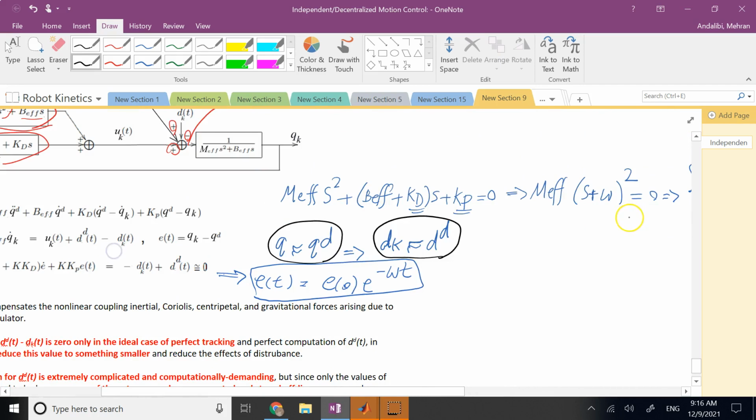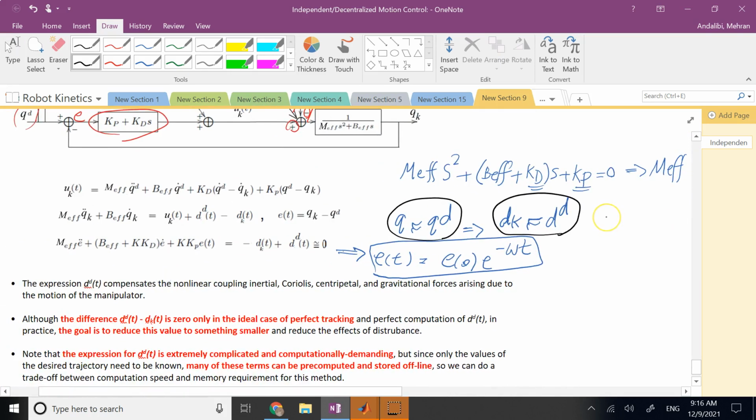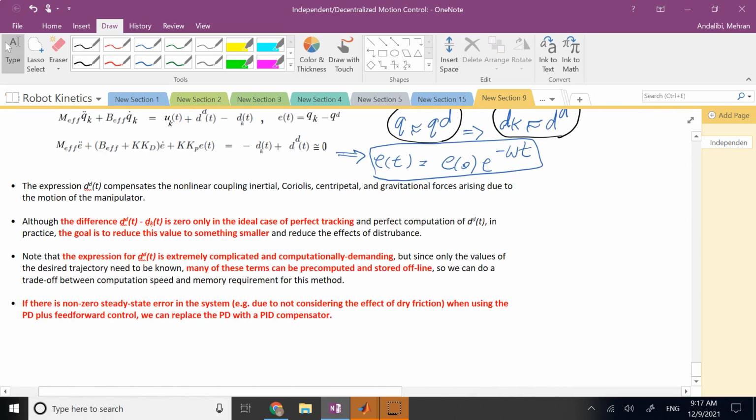So this method is not going to give you the perfect magical solution that works under all sorts of conditions. As you can see here, I mentioned that the difference between the computed torque term dd and the actual disturbance is 0 when you are doing very perfect tracking.